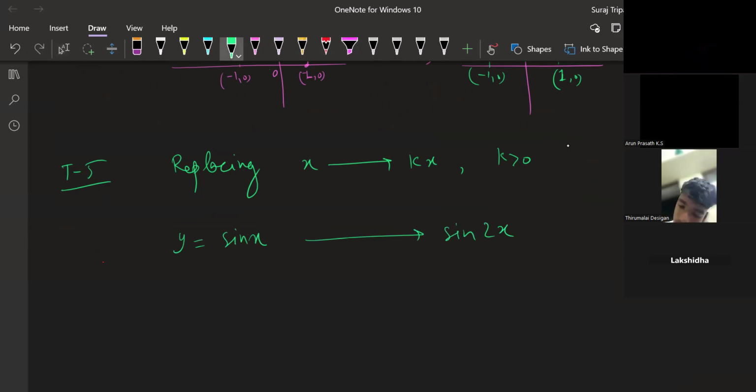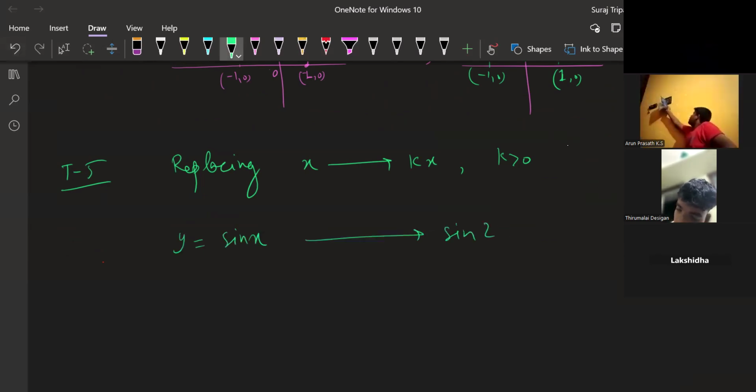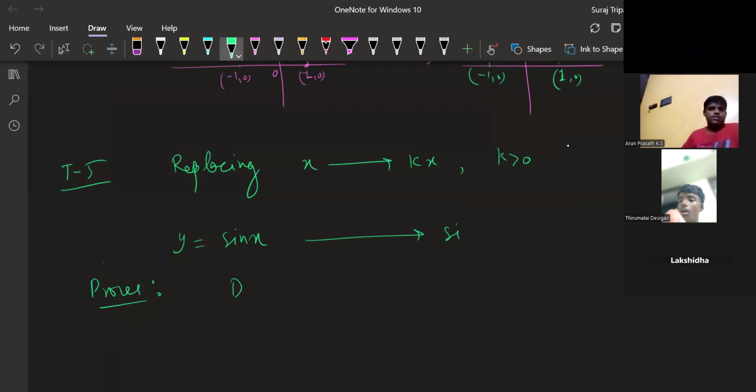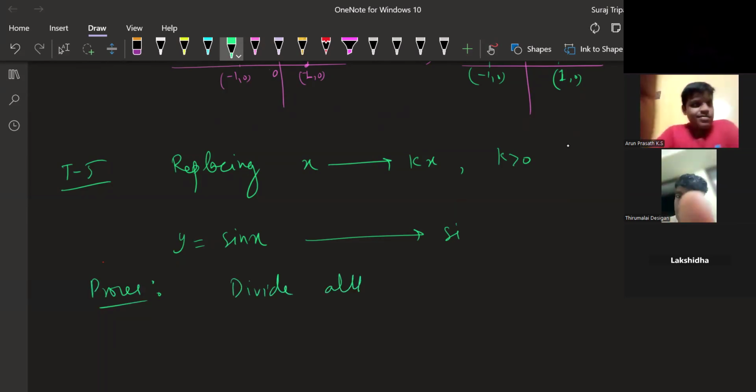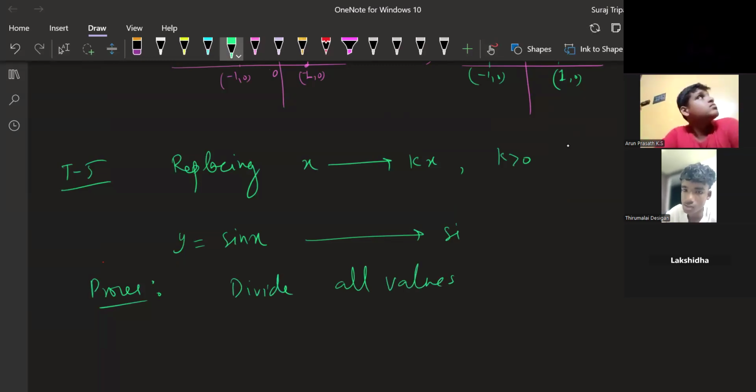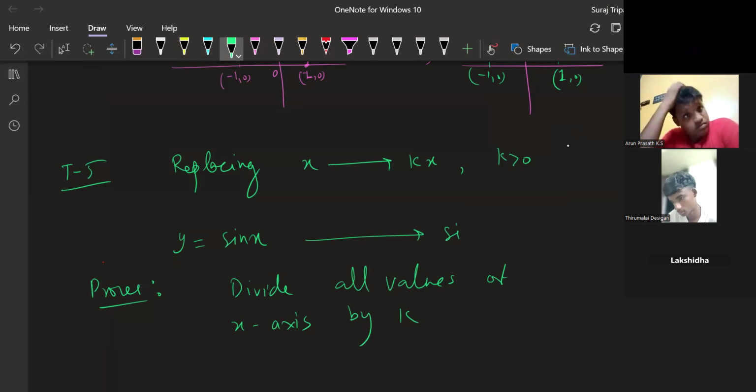In this case the procedure is, whatever value of k is given, we have to divide all values of the x-axis by k.